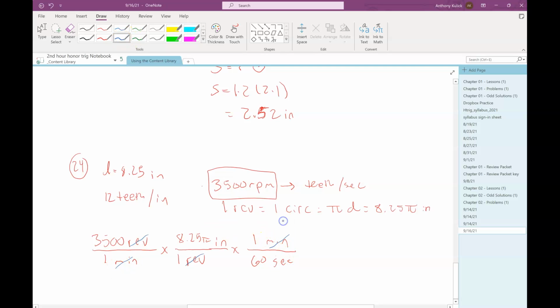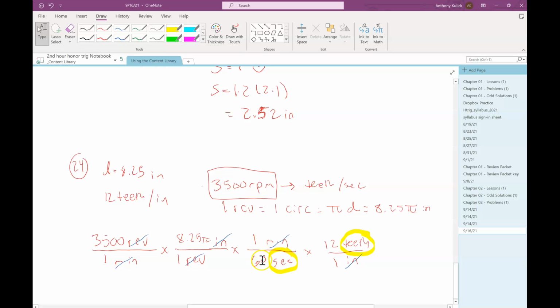I know in 1 minute there are 60 seconds, so the minutes cancel and I'm in inches per second. Now I'm going to convert these inches into teeth. I know that I have 12 teeth in 1 inch, so those cancel, and my units will be teeth per second.